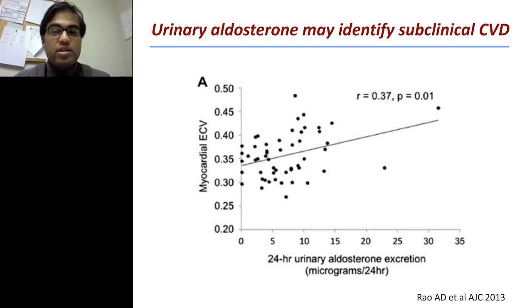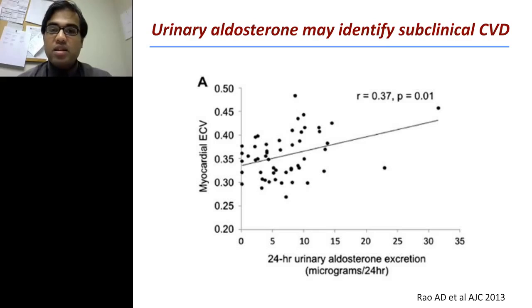So we tried to tease this out a little bit in a small study that we did several years ago, where we tried to check another urinary marker which may be more related to the underlying pathophysiological processes. Here, we actually assessed urinary aldosterone.